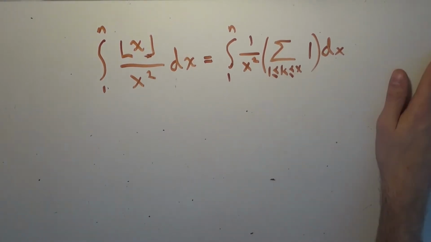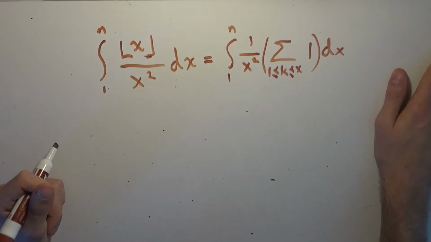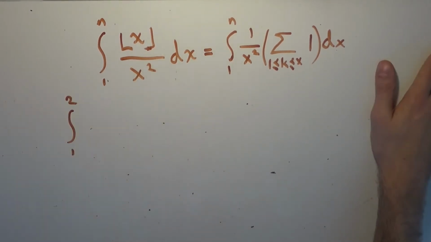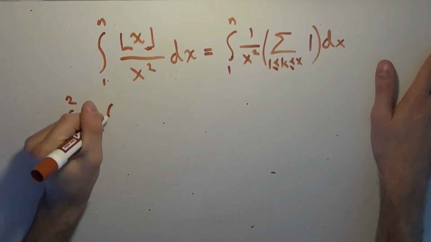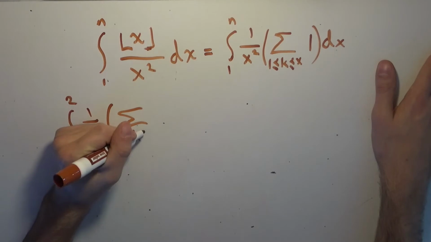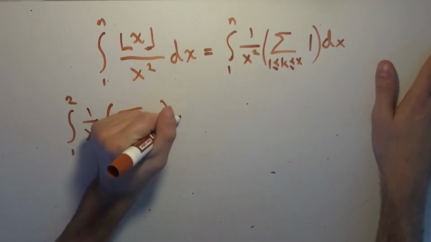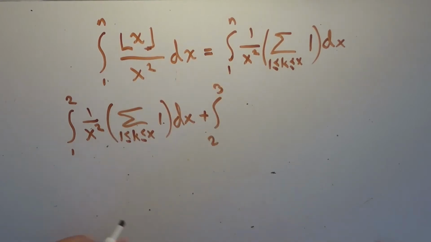And then what I'm going to do is simply break this integral up into a sum of multiple integrals. So we're going to have the integral from 1 to 2 of 1 over x squared times the sum over k's that are between 1 and x of 1 dx, plus the integral from 2 to 3 of those things, right?